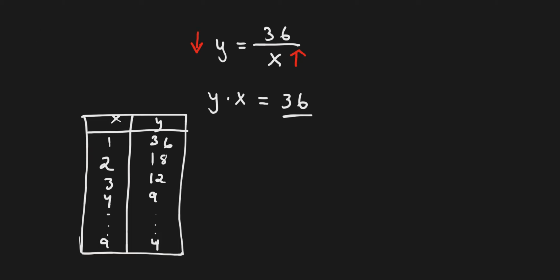So let's look at what happens with this. X is going up, right? X is going up. But y, as you see, is actually going down. So y is going down as we go in this direction. So y values decrease as x values increase.